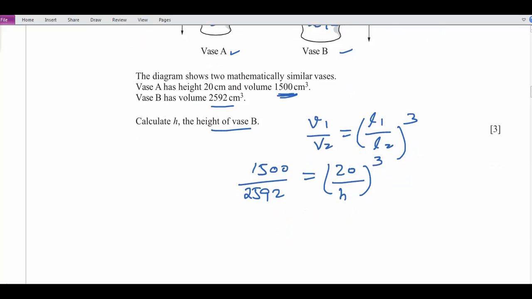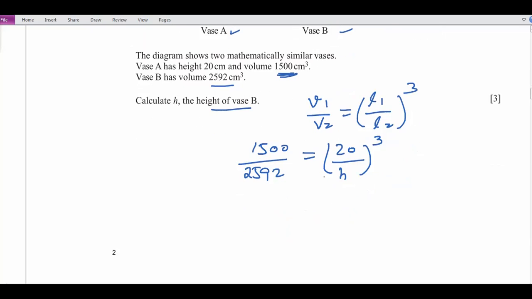For finding H, we have to rearrange them. For rearranging, first we need to get rid of this cube. So take a cube root on this side and take a cube root on this side. This cube and cube root will finish, and let this side be as it is. Don't calculate yet. Calculate at the end, okay?